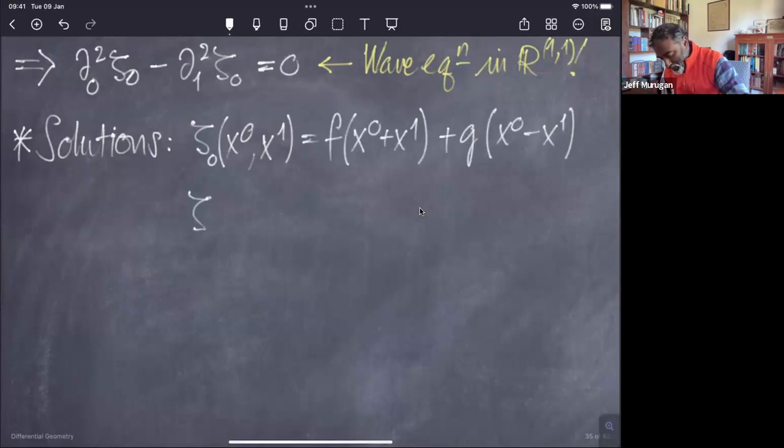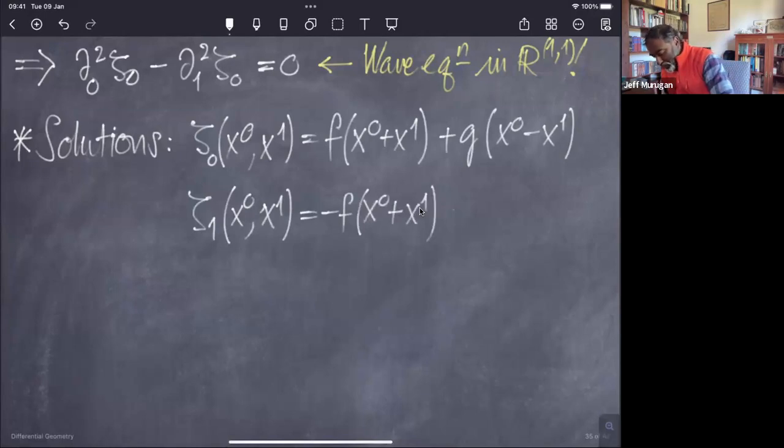Similarly, zeta 1 is the difference of these two functions, f of x0 plus x1 plus g of x0 minus x1.